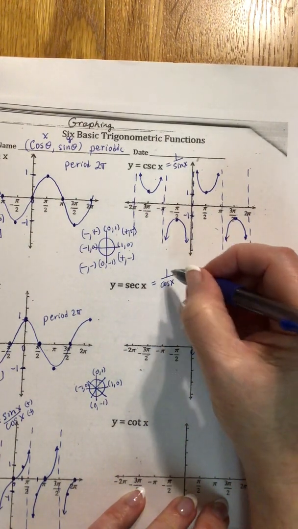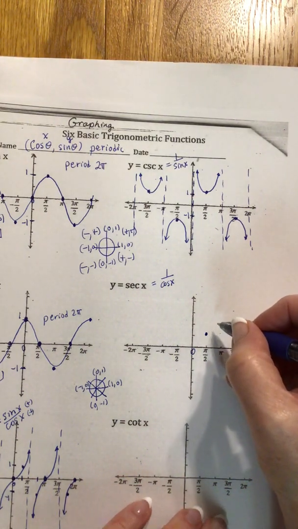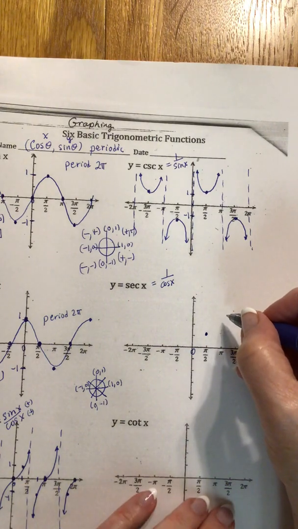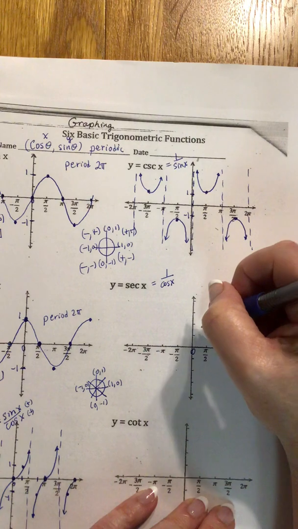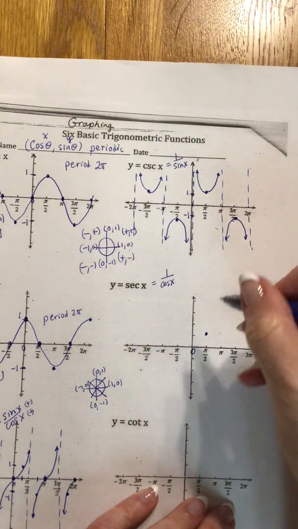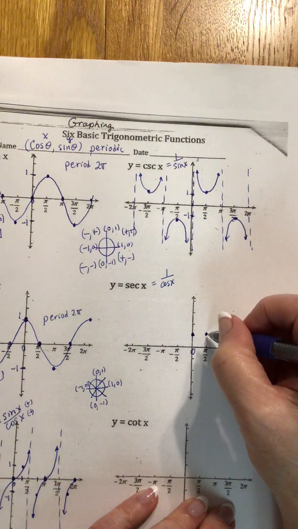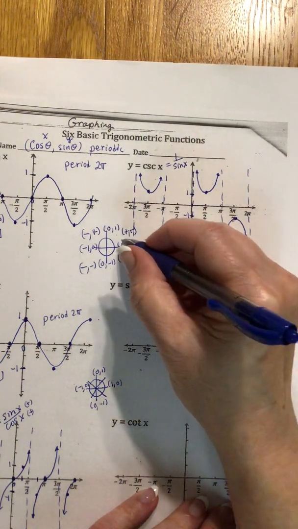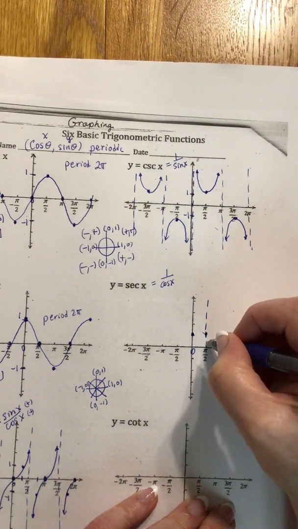So 1 over 1 is going to give me 1. And the next one we're going to look at is, I'm sorry, I put that wrong. This should go here. At pi over 2, cosine is going to be 0, so I have 1 over 0, so that's going to be an asymptote. So that should be an asymptote line.